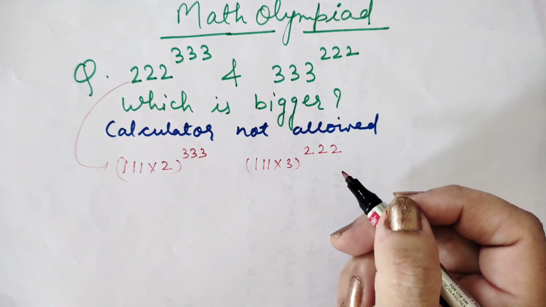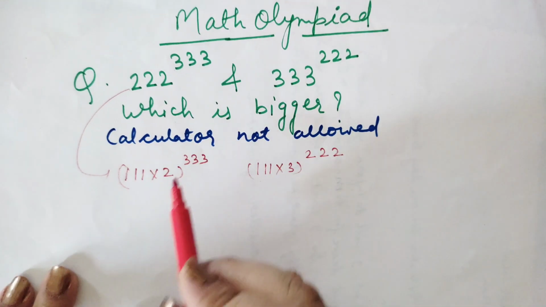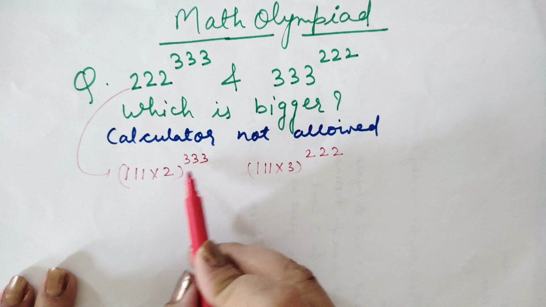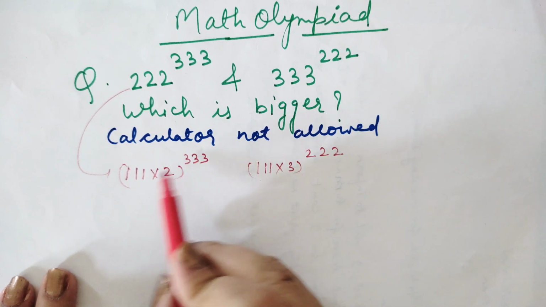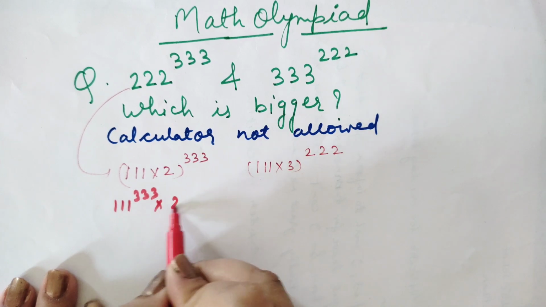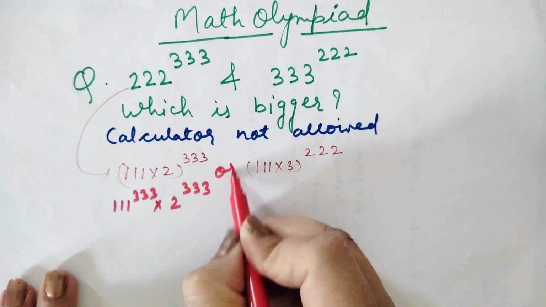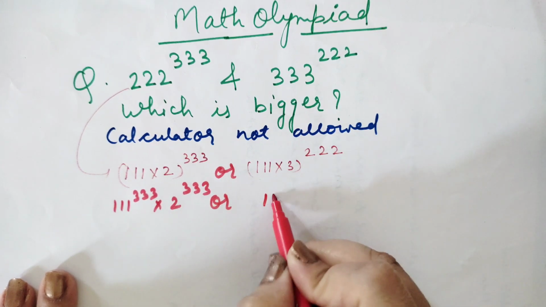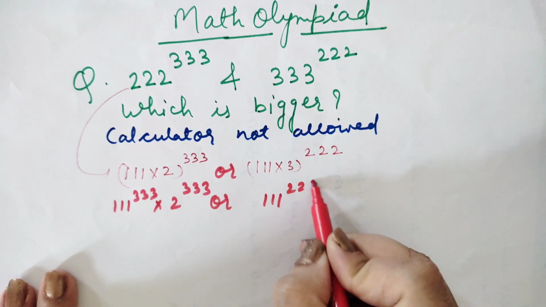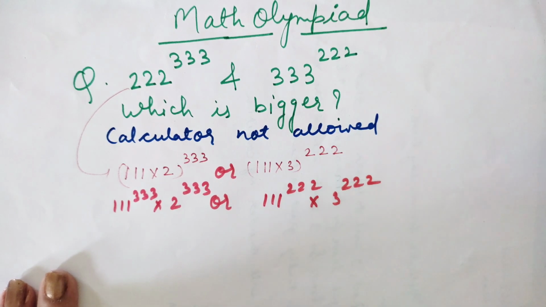Now after that, we are using the law of exponents. This power 333 we will write separately on each factor. Same thing we are doing here: 111 power 222 into 3 power 222.